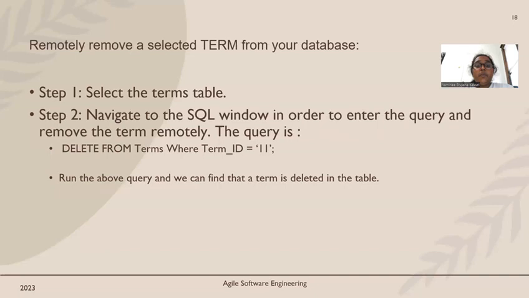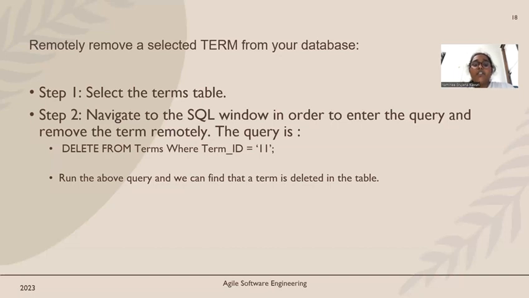Now remotely removing the selected term from my database. We already added one, and we are now going to delete one of our terms. As this also belongs to the term, again select the terms table, navigate to SQL window in order to enter the query and remove the term remotely. Actually, the terms can be removed quite easily by just clicking on the delete option that is provided for each and every row in the table.